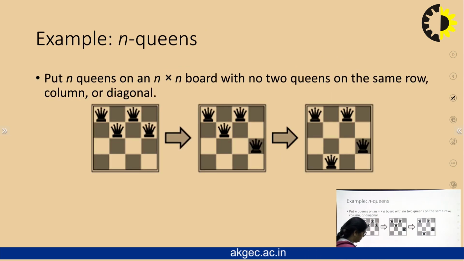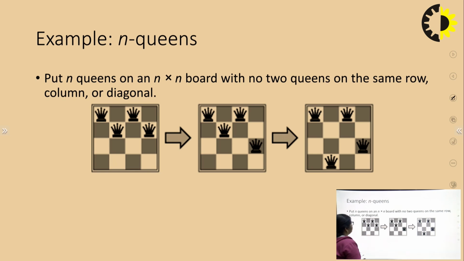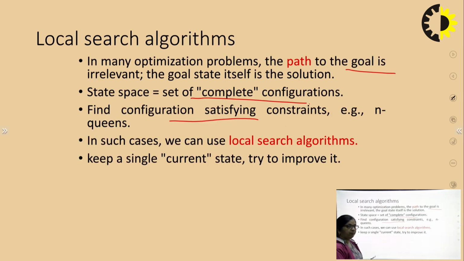If I take another example, it is the n queens problem. Here I have taken a 4x4 board, so we need to put 4 queens. The board in the n queens problem is n by n, as on the other slide, so a 4x4 board was there. The constraints are that queens must not be in the same row, same column, or same diagonal.